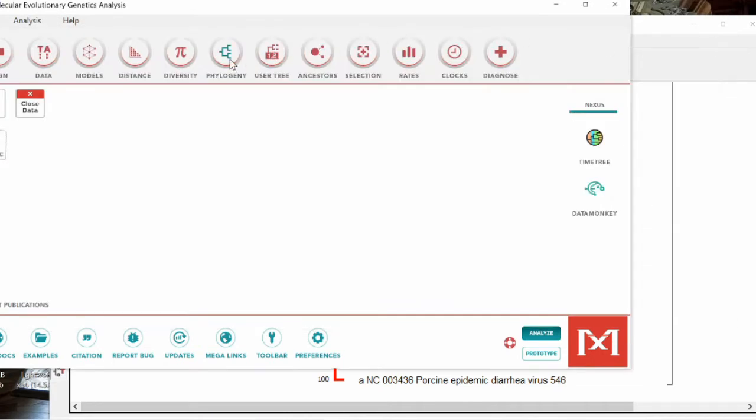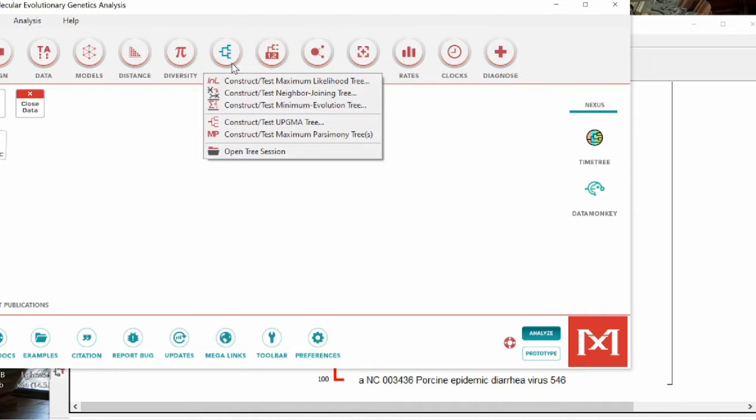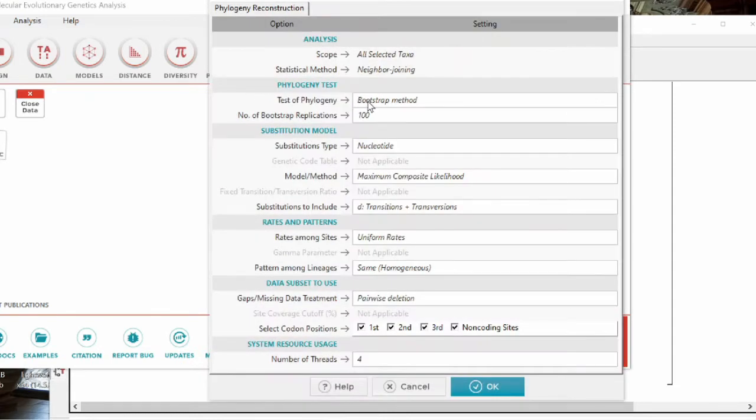So how can we go on with this? We go straight to the phylogeny. Since the data set is big, we have to choose fast methods. The fastest method out of these 5 would be the neighbor joining tree. When we run it, we are going to bootstrap our phylogeny.